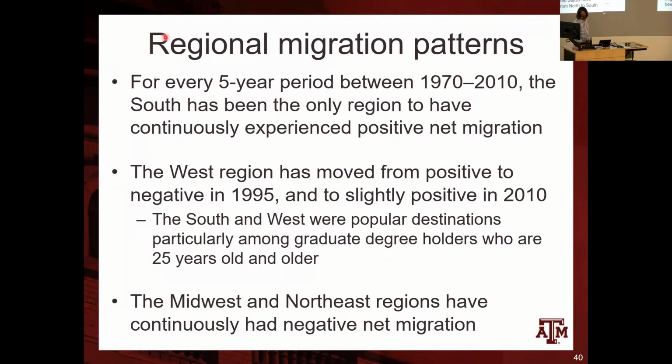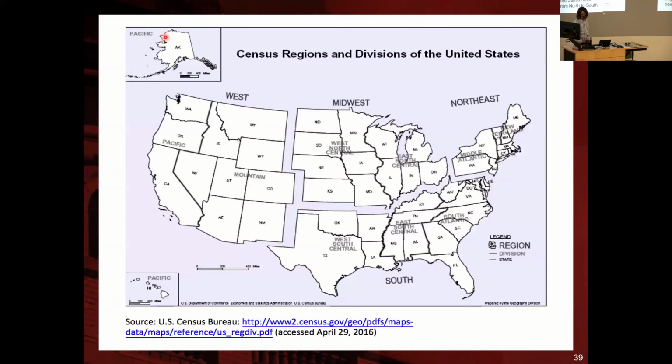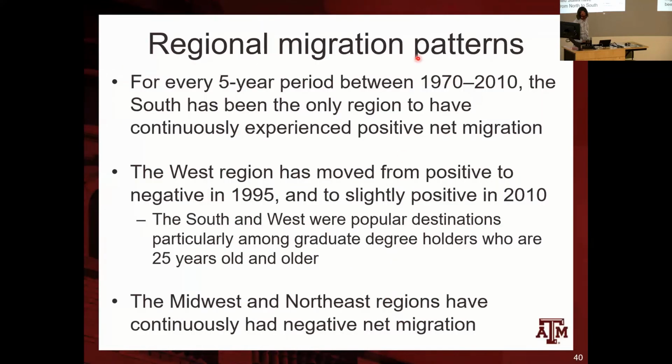For every 5-year period between 1970 and 2010, the South has been the only region to have continuously experienced positive net migration. So the southern states have been receiving more people than losing people since 1970. The West region moved from positive to negative in 1995 and to slightly positive in 2010.